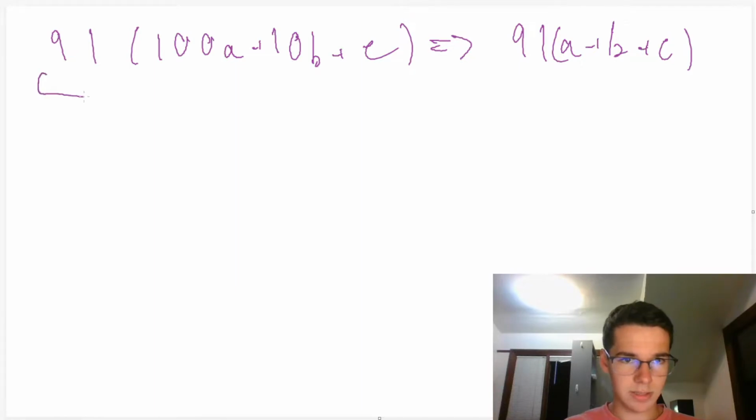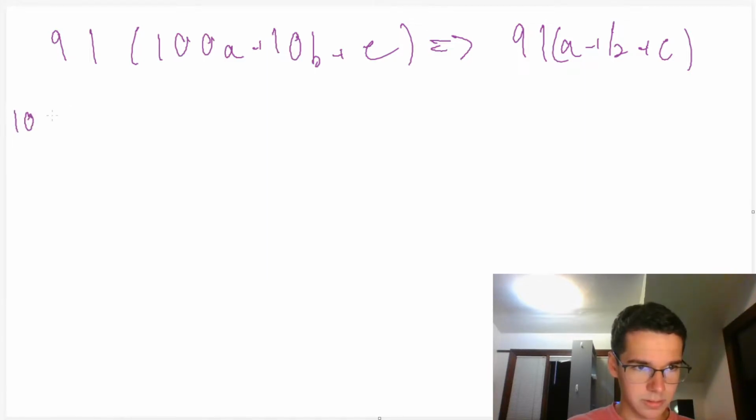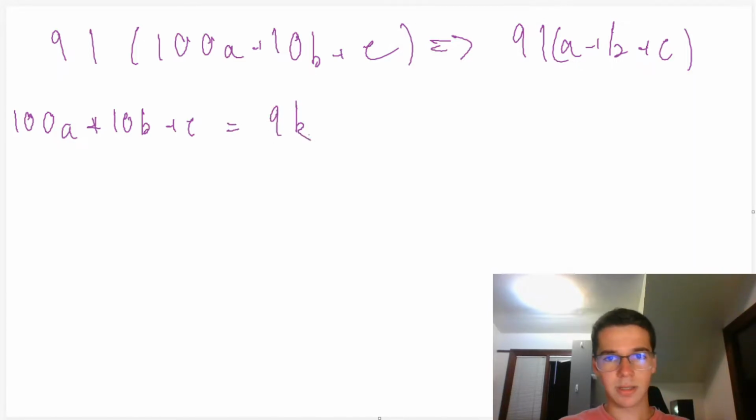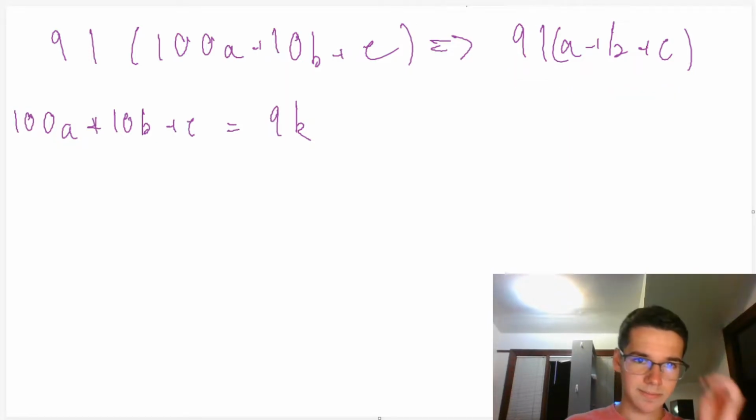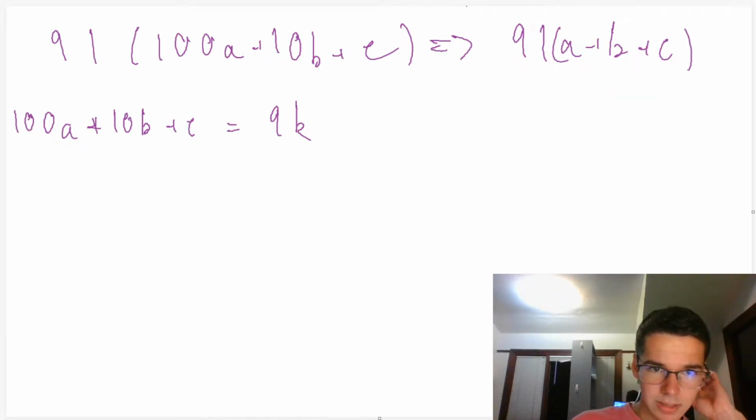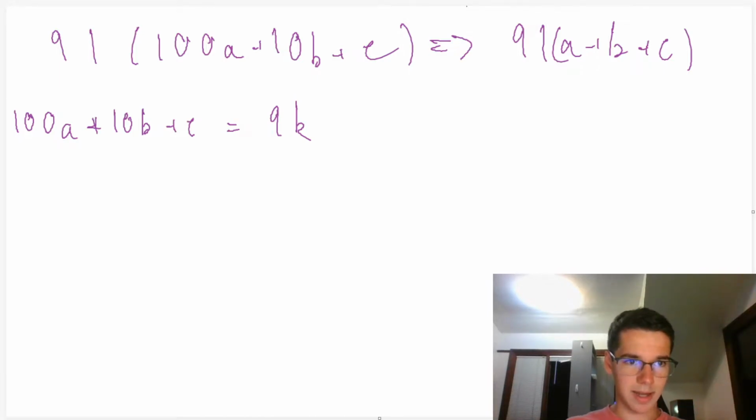We can take this and then set up just a regular equation, kind of like the way we approached this last time. So we're going to say 100a plus 10b plus c is equal to 9 times some k, right? And really what we're going to do is use the same terms that we used last time to get it into a form that looks like that. So in this case, we can simply subtract 99a and subtract 9b on both sides.